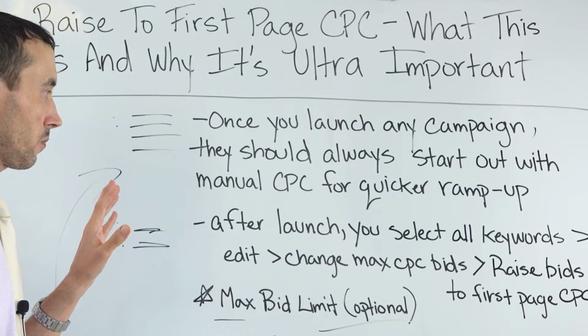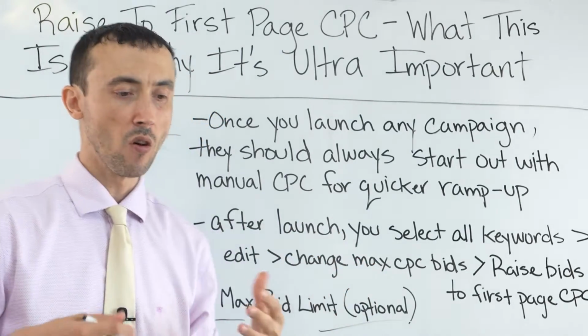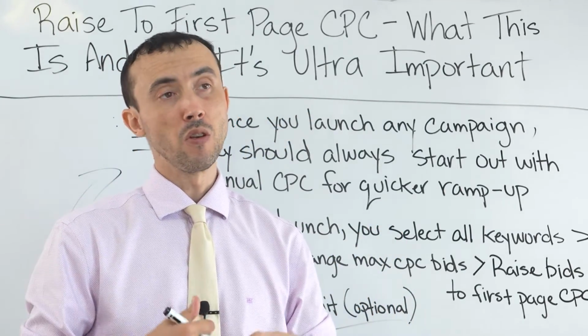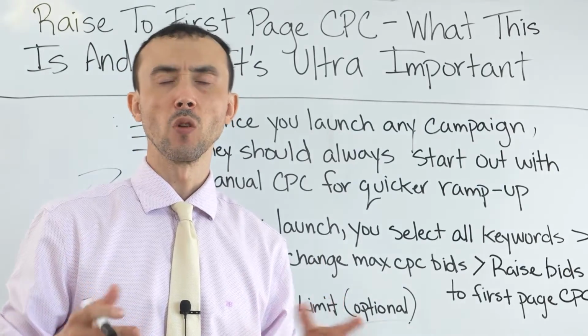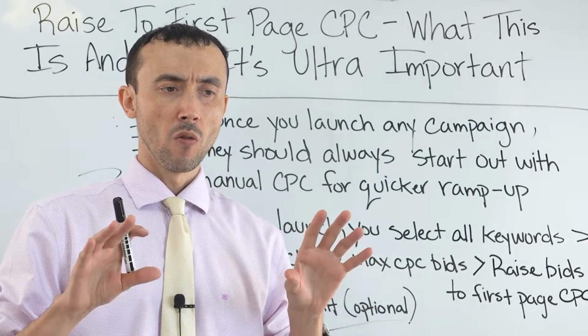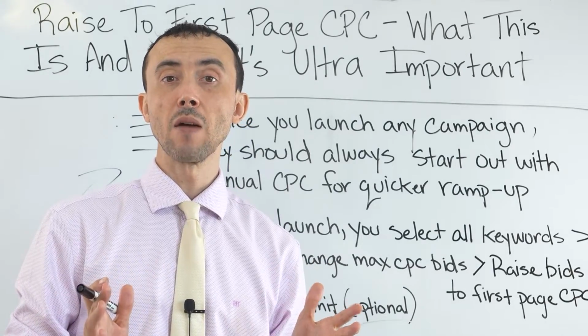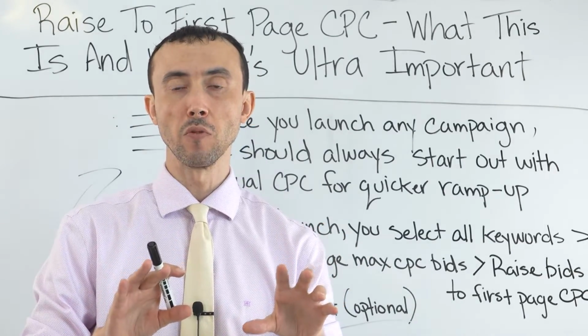So what you want to do when you launch a campaign for the first time, because what you ultimately do is, if you're like me, you set some sort of arbitrary bidding. Well, let me take a step backwards here. You should always start out with manual bidding when you launch a campaign. Why is that? Because it's going to help you get your ads up and going as quickly as possible.